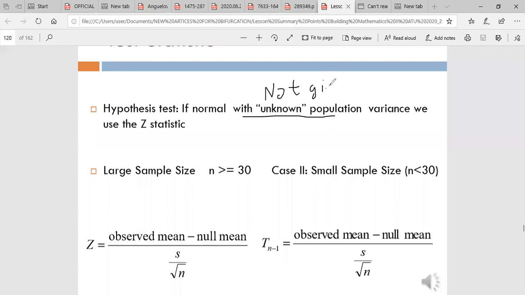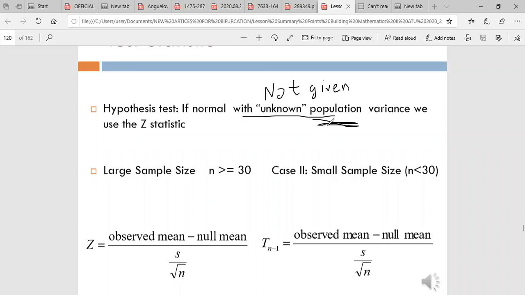And let me highlight, we are saying population mean, not sample mean. So if the population mean is not given, we know that we can also find the sample mean as an estimator for the population mean, right? Or as an estimate for the population variance. We saw that in class last week, right?